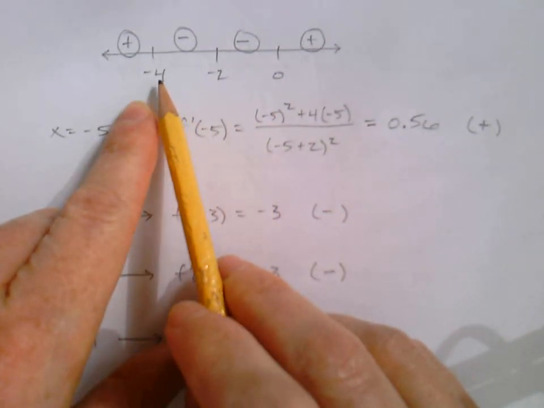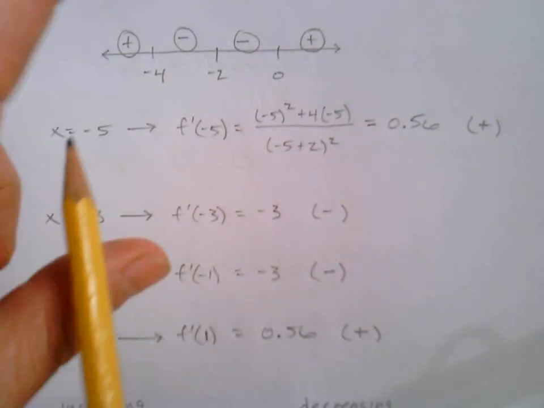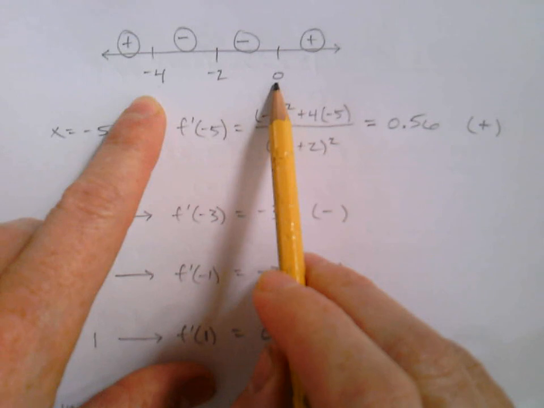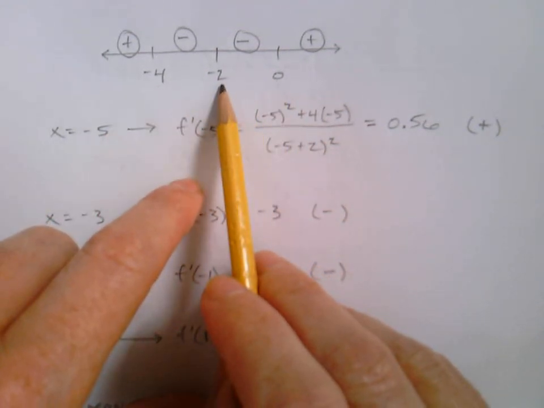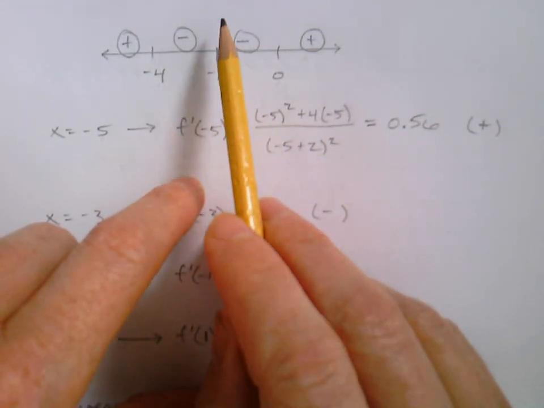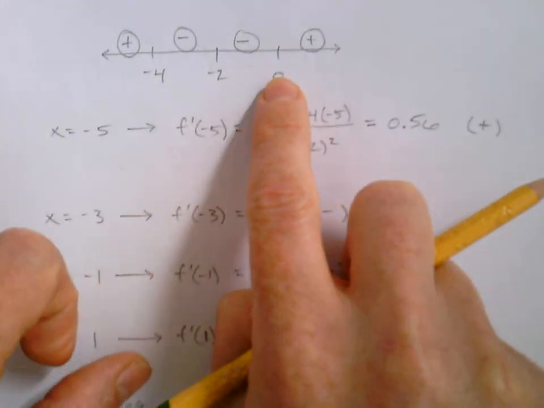Which one is it here? It went from increasing to decreasing. That's a local max. This one was decreasing then increasing. That's a local min. We don't get anything for negative 2 because it went from decreasing to decreasing, and in fact, there's a vertical asymptote there anyway. But there we got a local max, and there we got a local min.